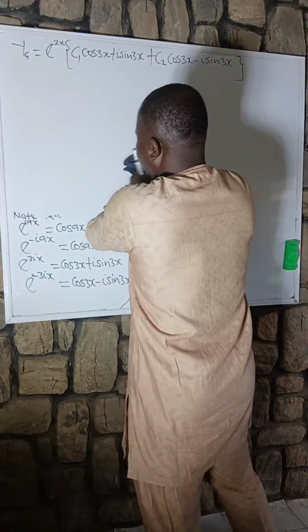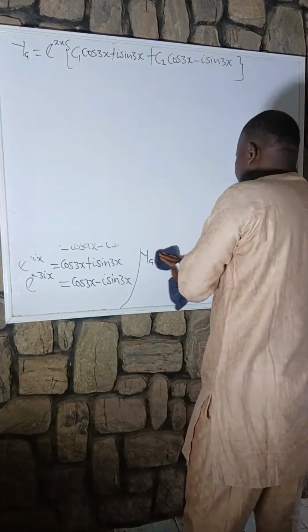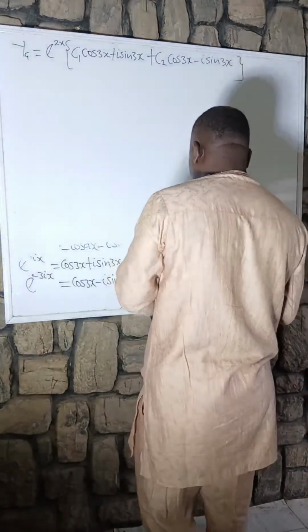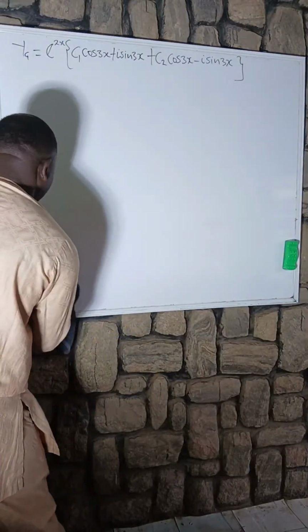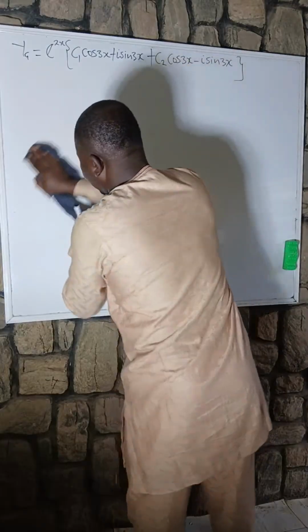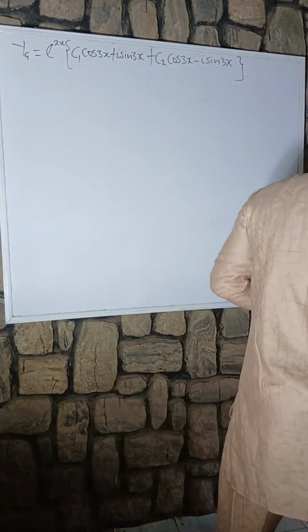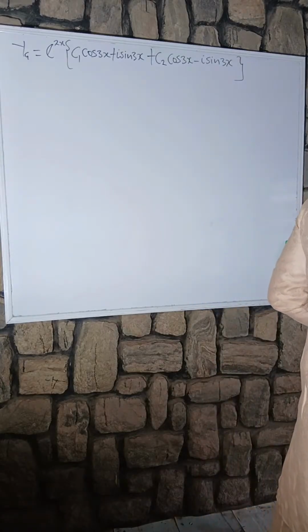So now we want to use the D operator to solve a second order differential equation. We have used the numerical approach. So let me just introduce what D operator means.